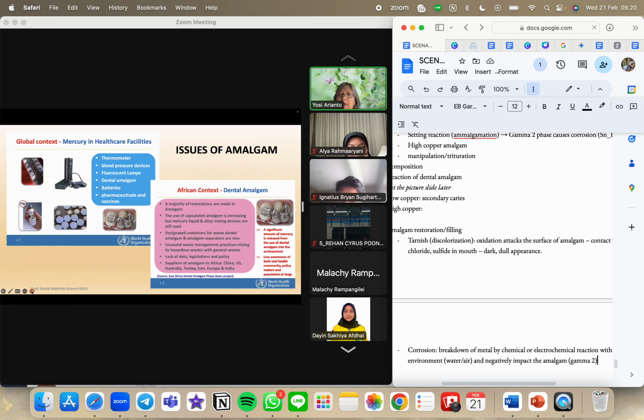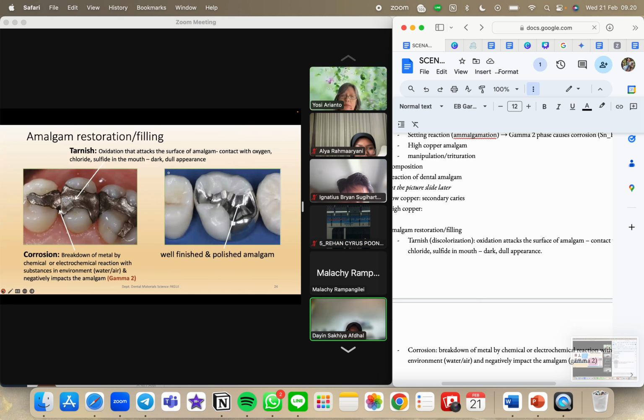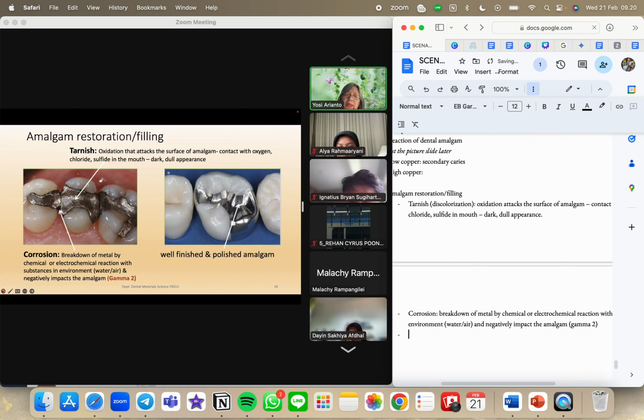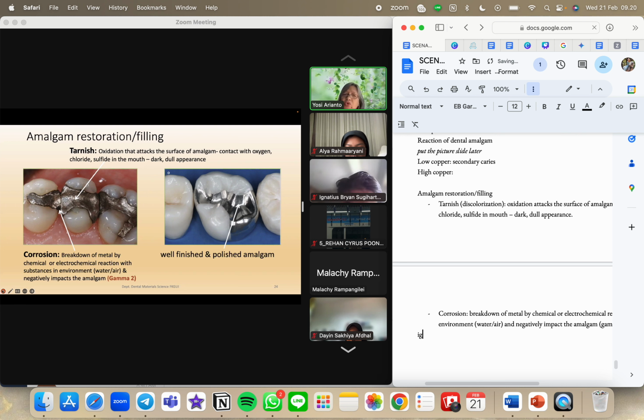Sorry, may I ask? Yes, please. For the amalgam, if it's already corroded, is it possible to fix it or polish it again? You have to replace it. You have to take out this amalgam and use another.